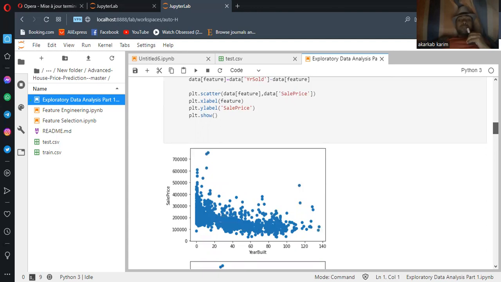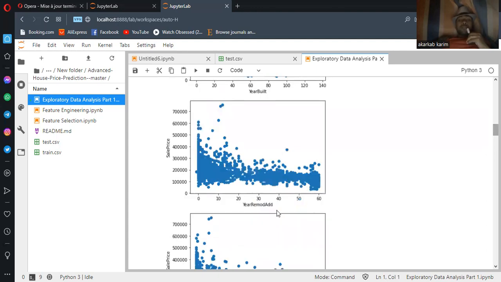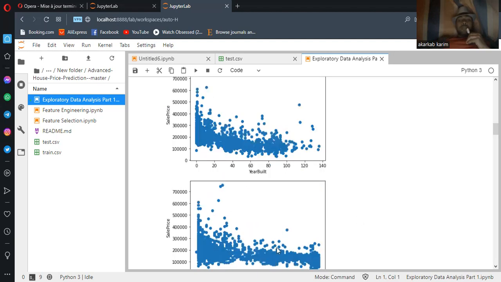For year remodel added, this is the relationship. If we look, we have some difference here. The scatter points are concentrated in this area, but not here.